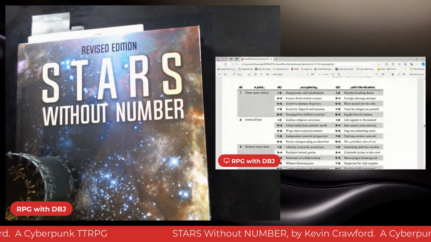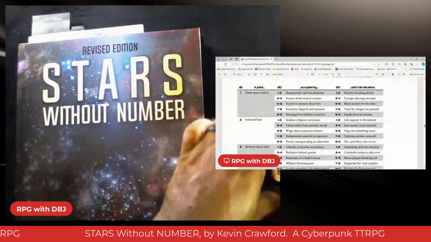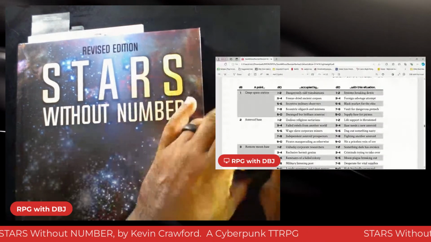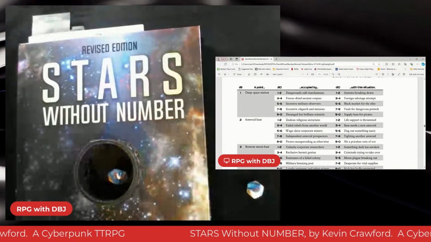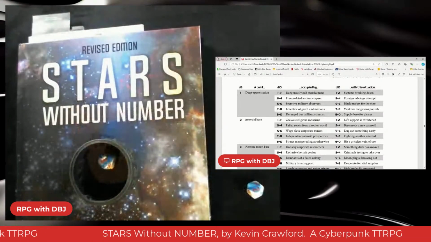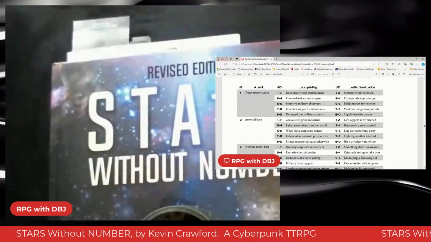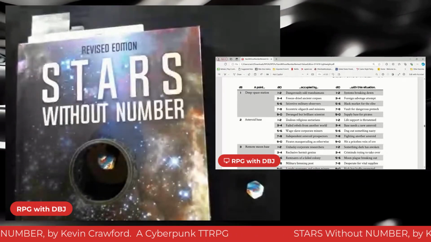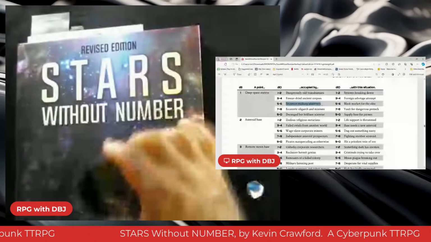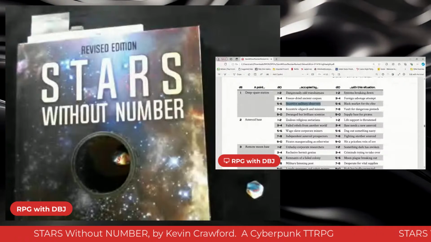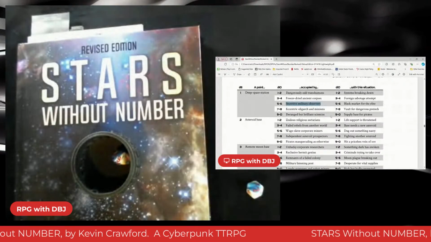So we have a deep space station, and let's get our d10s out here. Rolled a 5, and that is a deep space station that's secretive military observers, and a 9, supply base for pirates.